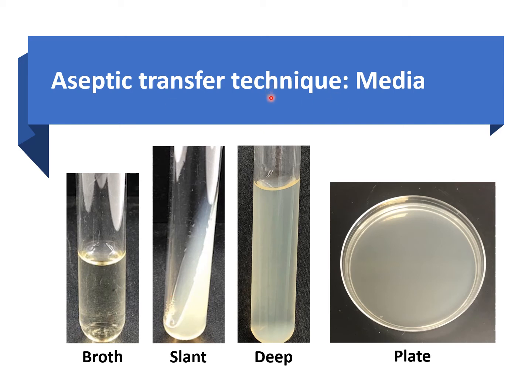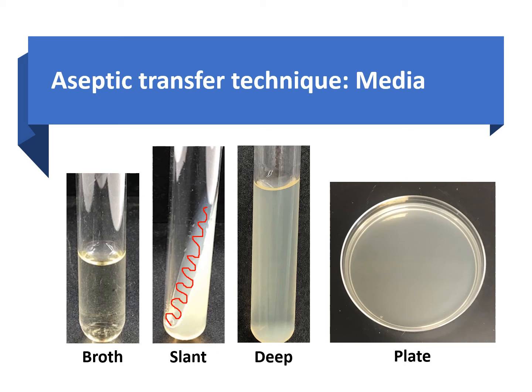So let me show you. Let me grab my pen. Okay, so when you inoculate the slant, we usually use the inoculating loop, and you create a zigzag form right here on the slant surface. Okay, so you use the inoculating loop and create that zigzag pattern.